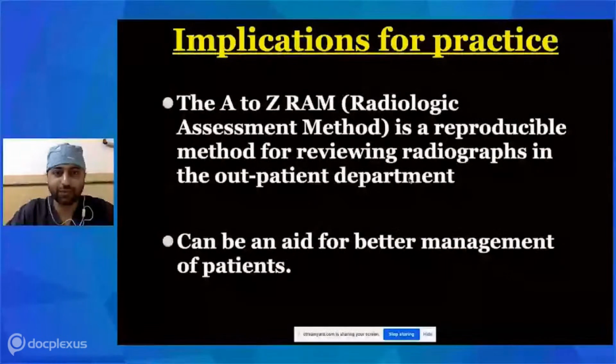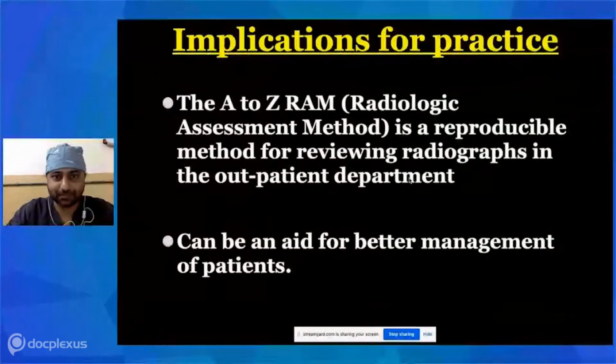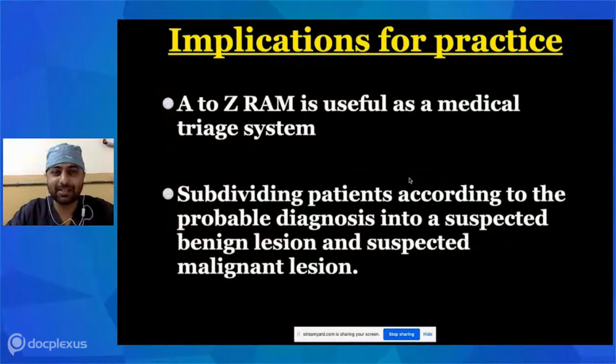So if you are suspecting a benign tumor, you can get an MRI or a biopsy done. If it's a malignant tumor, you can get an early referral for this patient, so you don't waste time in his management. And it's a medical triage method. Triage means that you decide whether to refer or treat a patient who is well treated at your center.